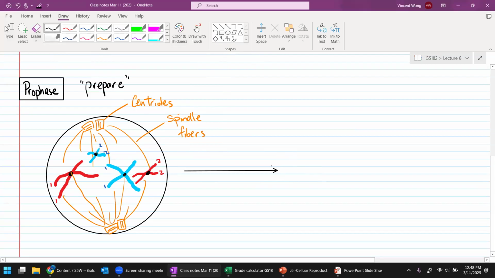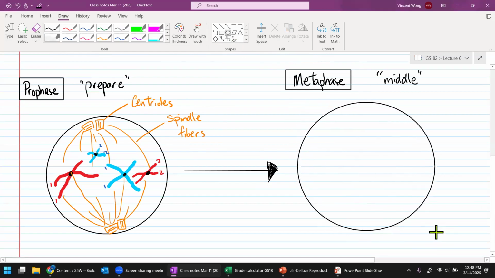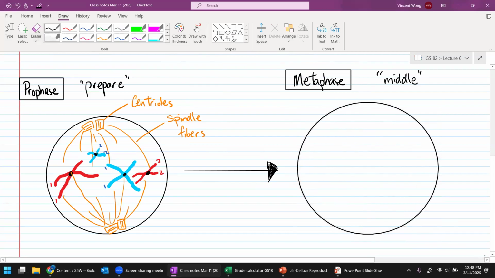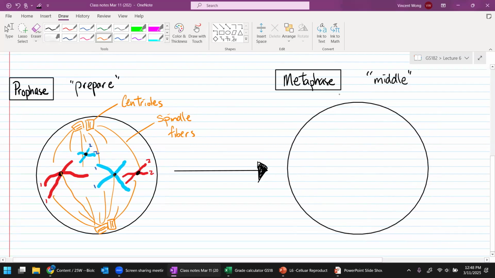So what's after prophase? What's the next letter? M. M stands for meta, that's right. Metaphase. M stands for middle. And so in metaphase, these spindle fibers, these ropes, are pulling on the chromosomes back and forth, like a tug of war.